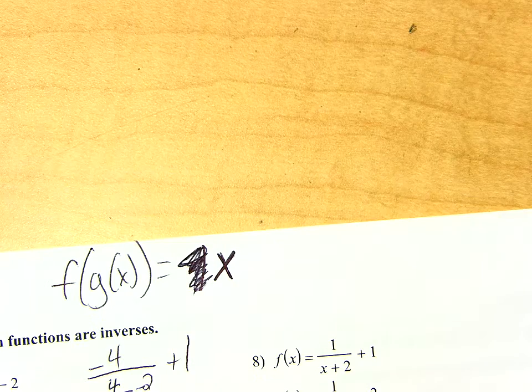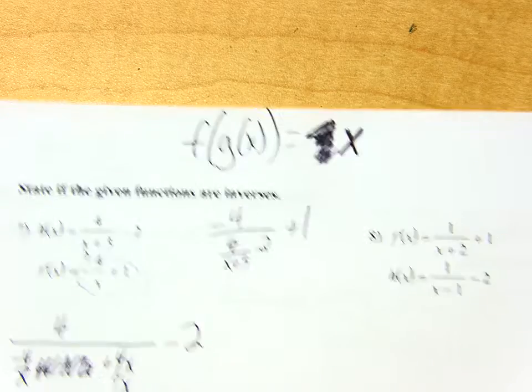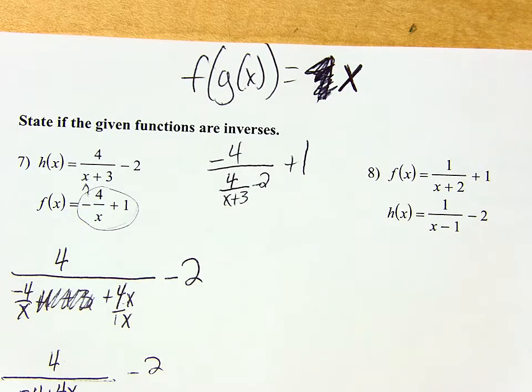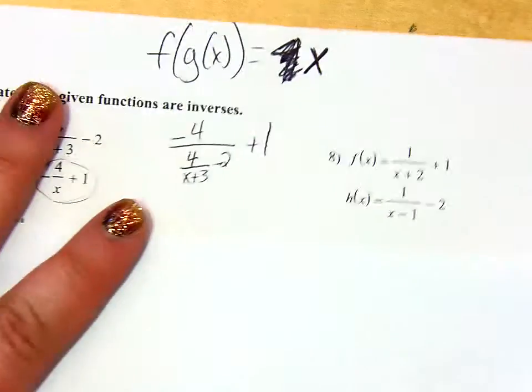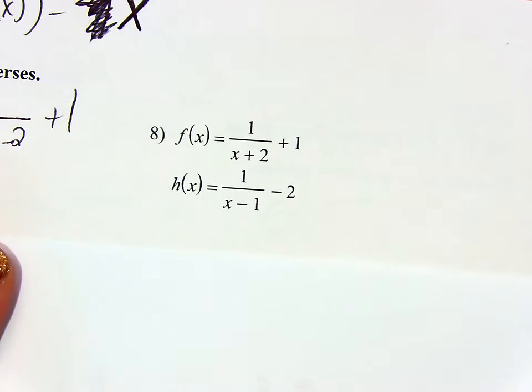Let's try number, who knows? I don't know if this one's going to be a yes or a no. I have no idea. But we're going to try number 8. Do you have tissues? Yes.